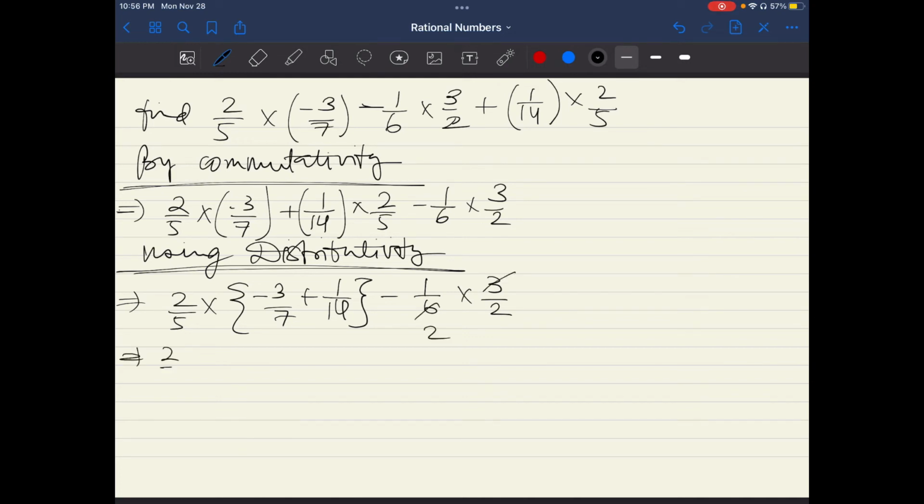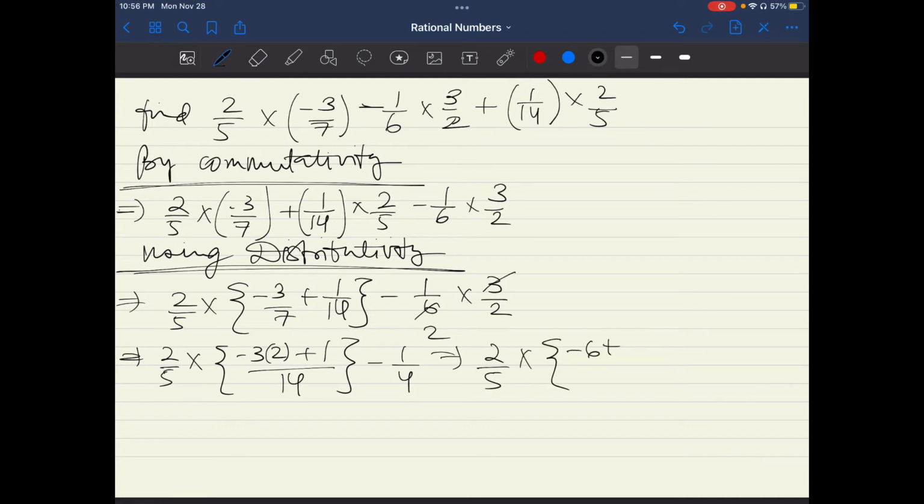And we can solve this like so. 1 over 14 minus 1 over 4, which equals 2 over 5 times minus 6 plus 1 over 14 minus 1 over 4.